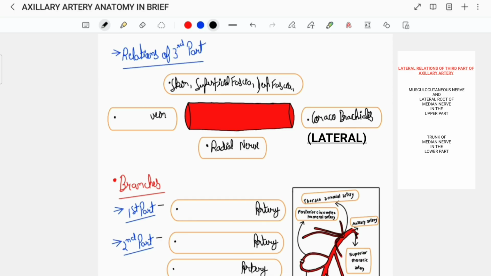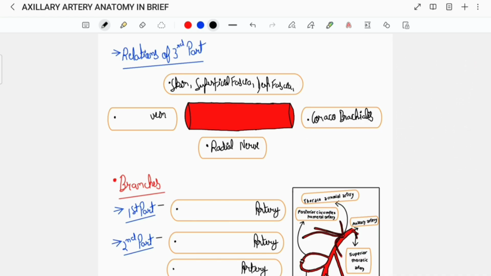Along with this, it is also related laterally to the trunk of median nerve in the lower part. Medially, the third part of axillary artery is related to the axillary vein.